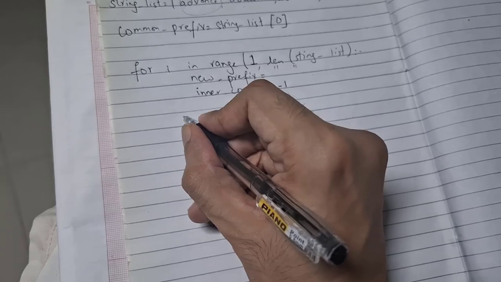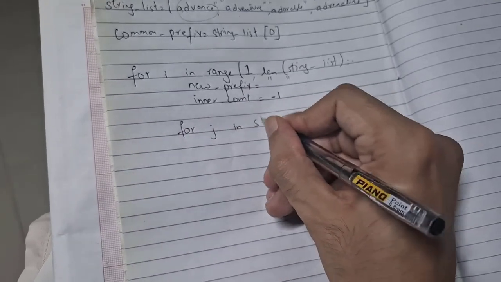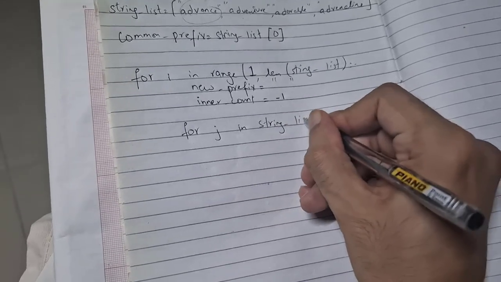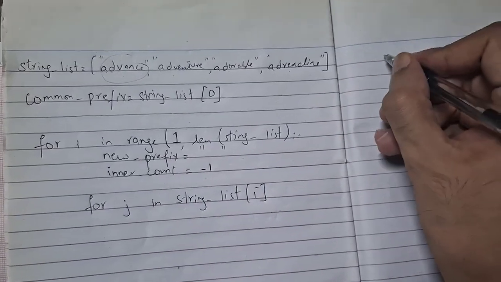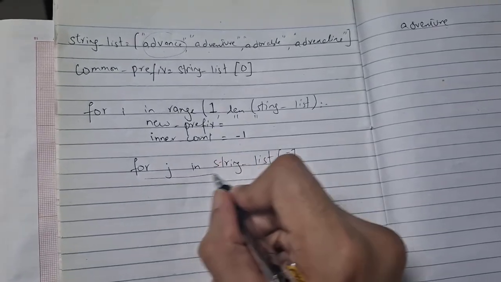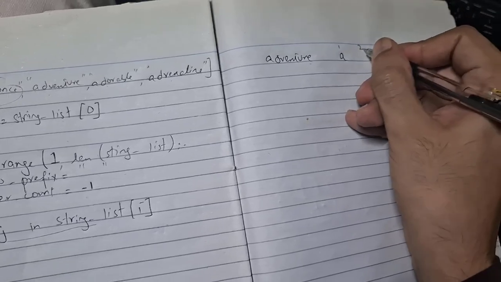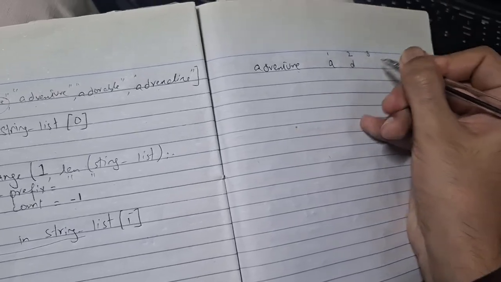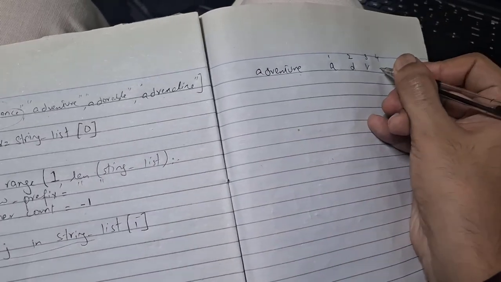Then we get to the inner for loop: for j in string list i. So what happens here? In the outer for loop we get adventure, and in the inner loop, in the first iteration we get A. In the second iteration we get D, in the third iteration we get V, in the fourth iteration of the inner for loop we get E, and so on.